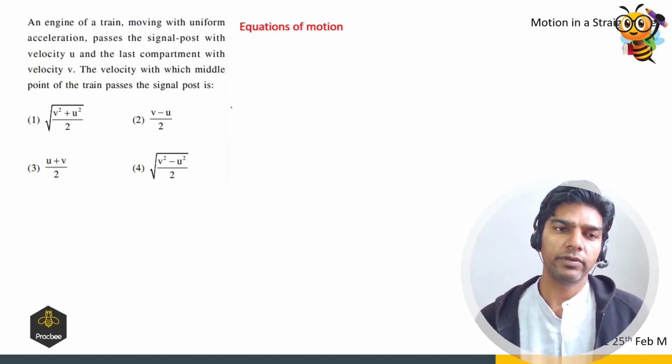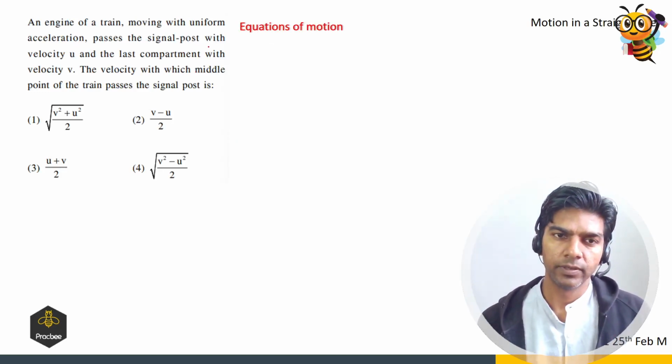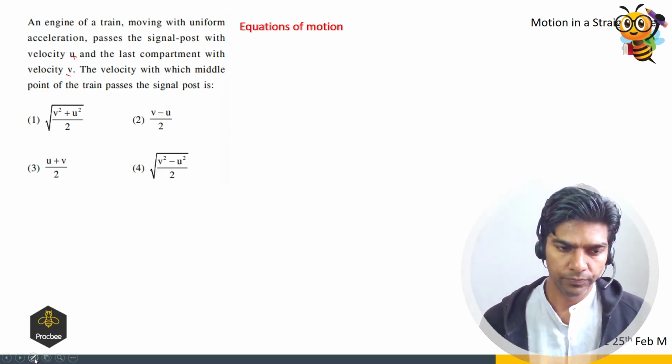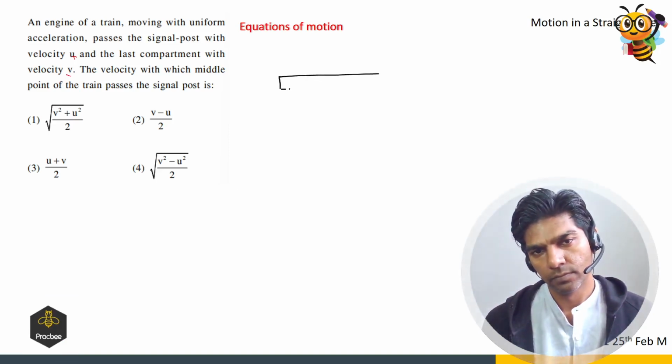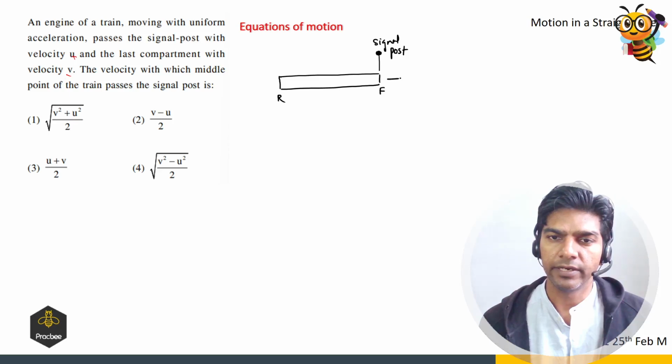An engine of a train moving with uniform acceleration passes the signal post with velocity u and the last compartment with the velocity v. So what we have is a train. This is the front end and this is the rear end. And let us say this is the signal post. So it is going in the right direction.